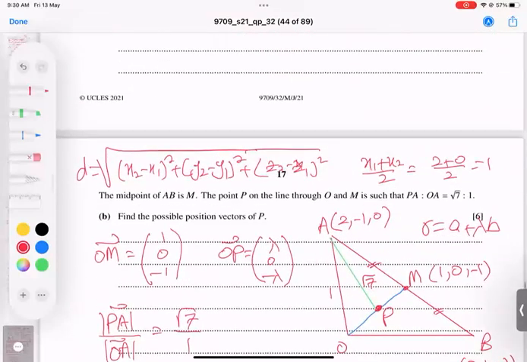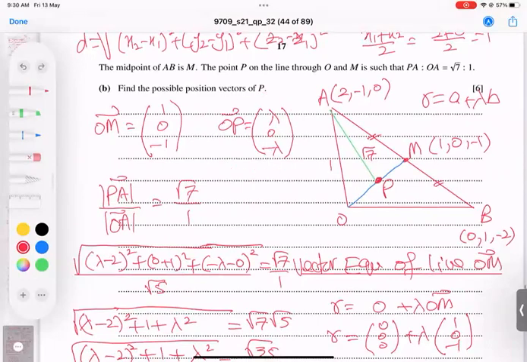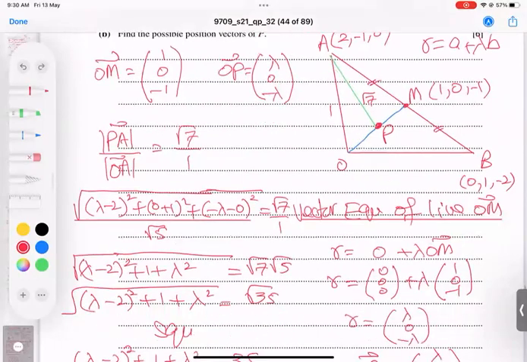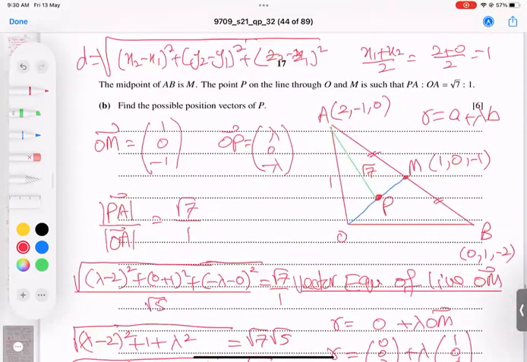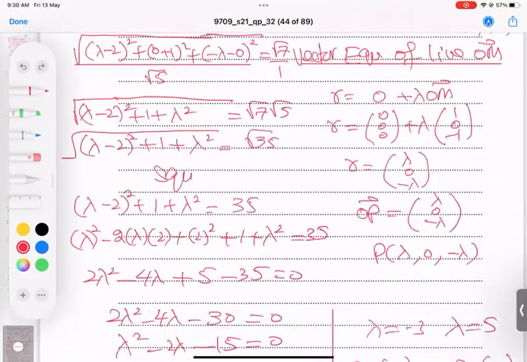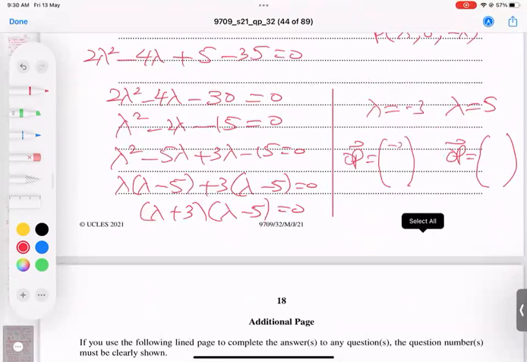And what was the question? Find the position vectors of P. So I will plug in both lambda values one by one. OP can be two options: (lambda, 0, minus lambda), so lambda minus 3 gives (-3, 0, 3), and 5 gives (5, 0, -5).